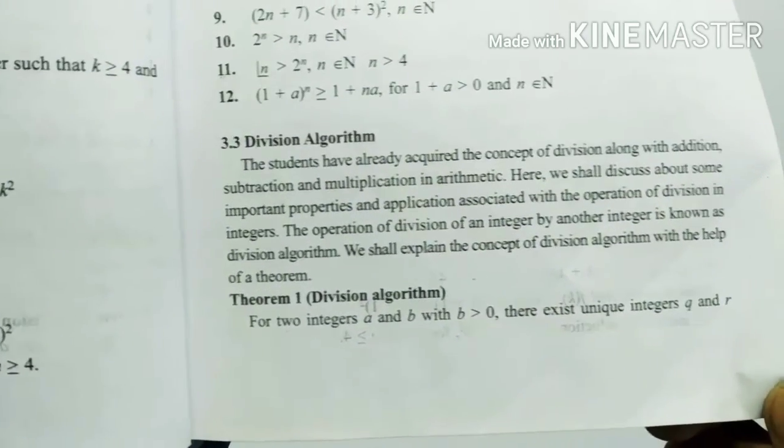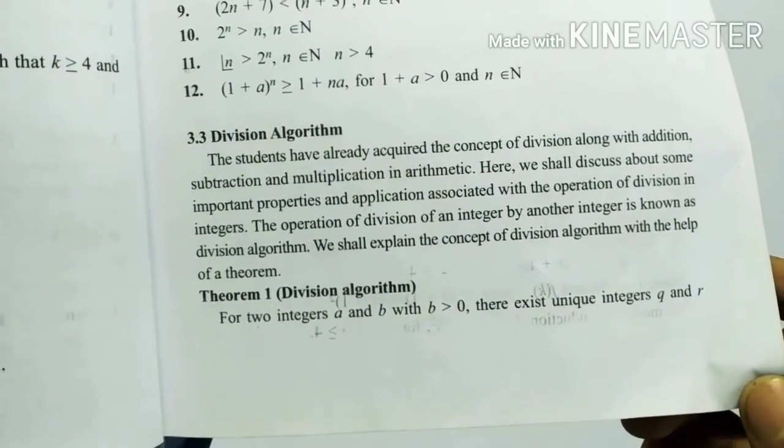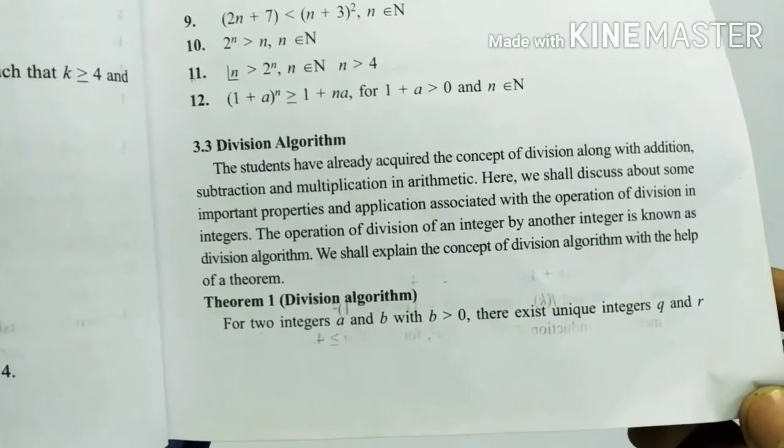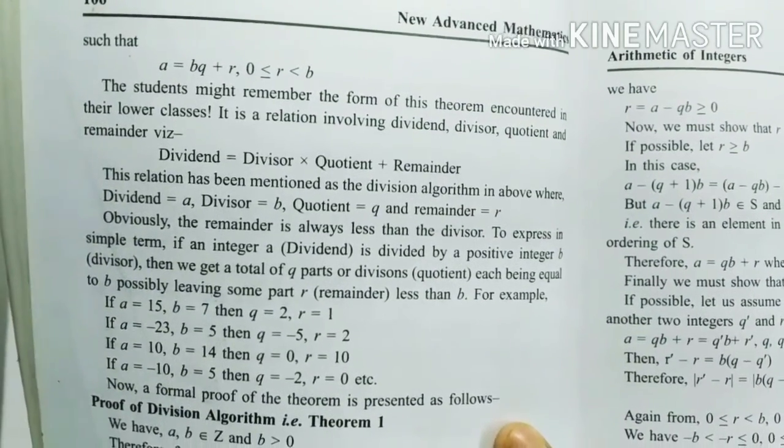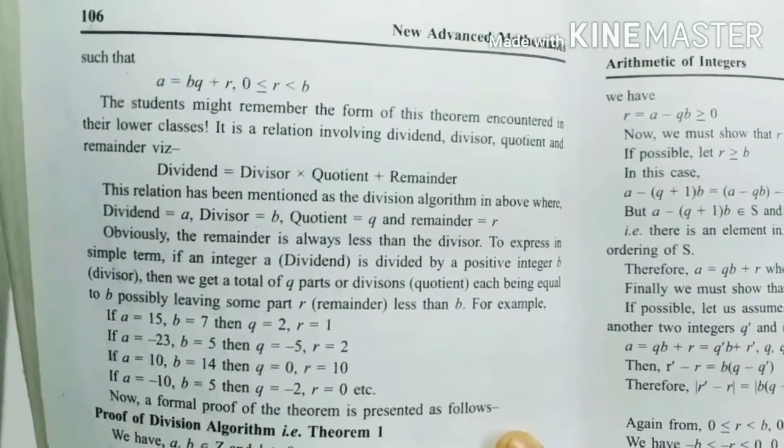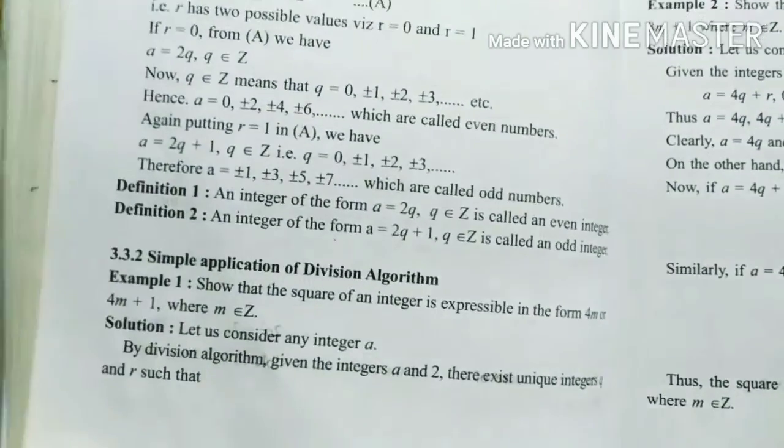So if two integers a and b with b greater than 0, there exist unique integers q and r such that a is equal to bq plus r, where r is greater than or equal to 0 and less than b. So next are some applications of division algorithm.